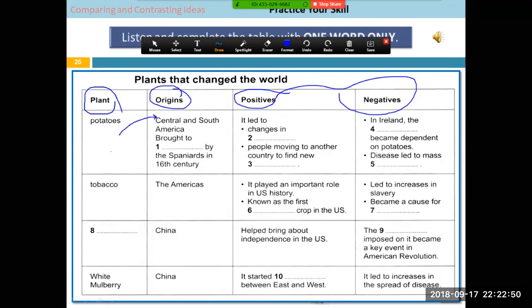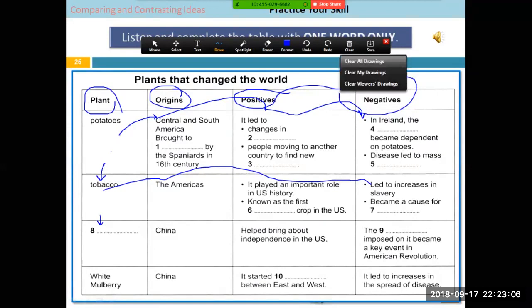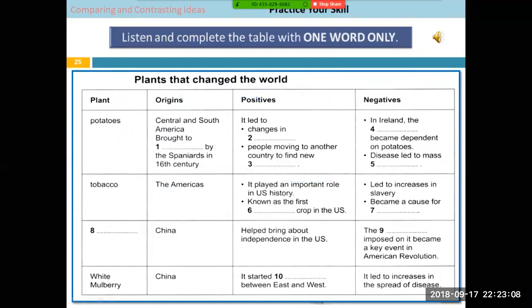First they will talk about potatoes, then its origin, then its positive, and then its negative, and after that they will move to the next plant, and that is tobacco. And then again here, here, here, and here. So again they will move on to this. So these signposting words actually help you to keep track of the speaker's talk.